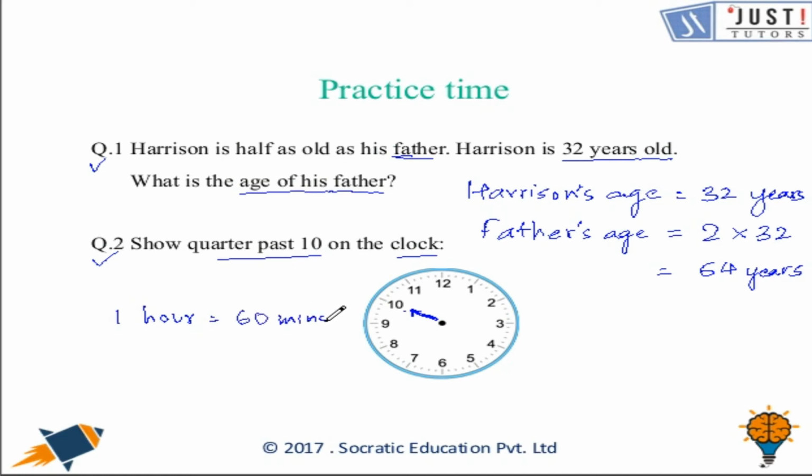So if you have to work out a quarter of 60 minutes, that would be 15 minutes. That's a quarter. And that means if we have to show quarter past 10, that will be right here. I hope you understand how to figure out questions based on time.